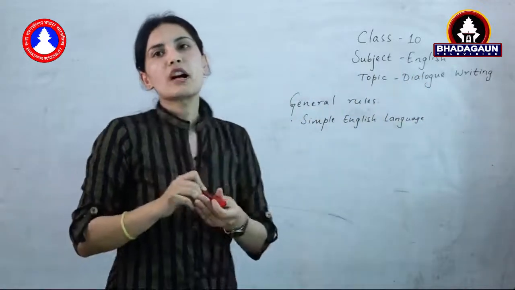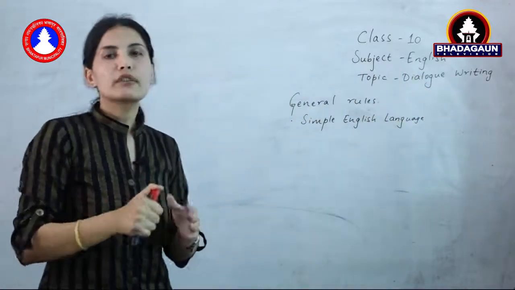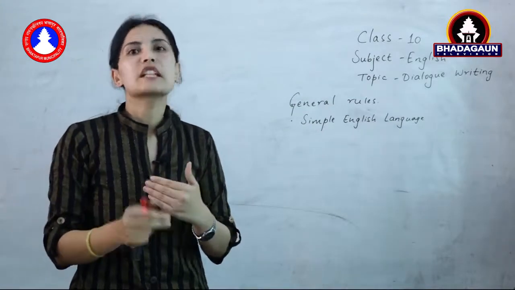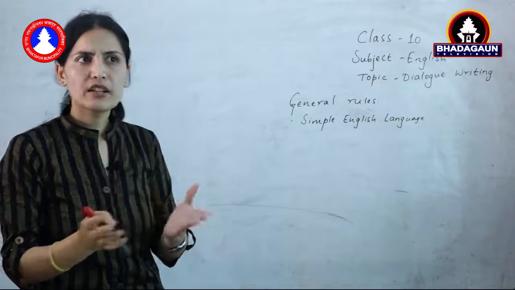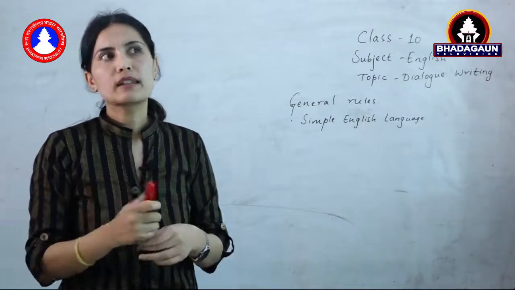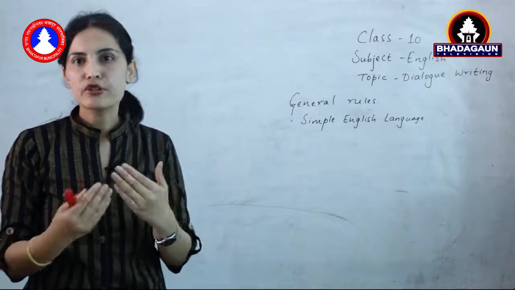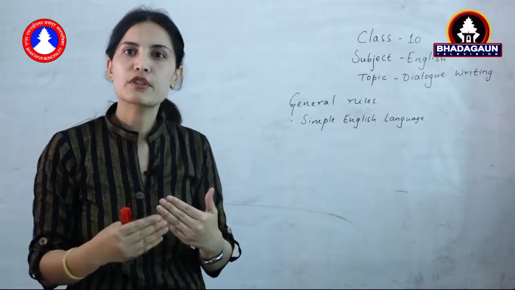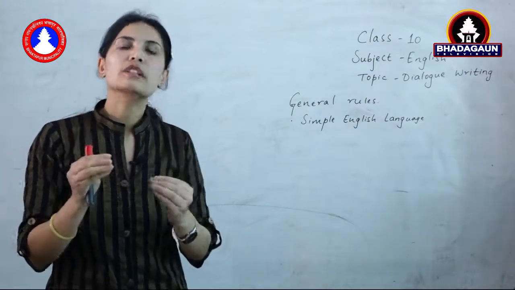We are writing dialogue for 6 marks and you are given a situation, and the situation is from our daily life. Like sometimes you have to write a dialogue between a shopkeeper and a customer to buy something. Sometimes you have to write the conversation between a patient and a doctor. Those things which happen in our regular life, our daily lifestyle, are the situations given to you.